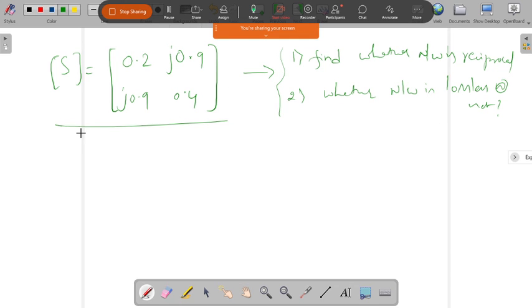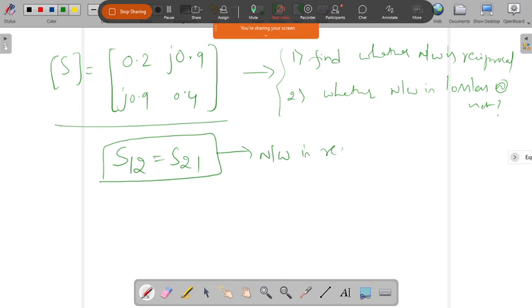How can we find out whether it is reciprocal? If S12 is equal to S21, then we can say the network is reciprocal. Looking at this, this is your S12 and this is your S21. Since both are equal, the given matrix is reciprocal.